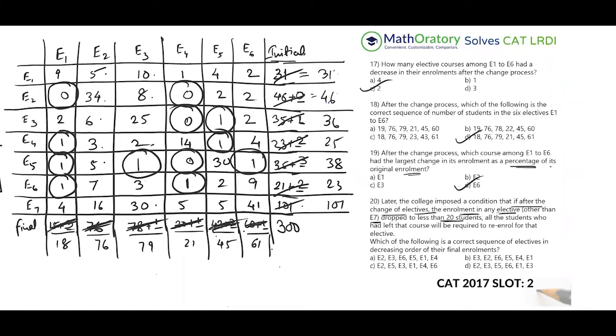Now, the "other than E7" is silly, but it makes sense because E7 is supposed to drop to less than 20 because there are 0 students after the change. So any elective, if the total is dropping to less than 20, then all the students who left that course will be required to re-enroll for that elective. Now, there is definitely one course that we can find which is dropping to below 20, right?